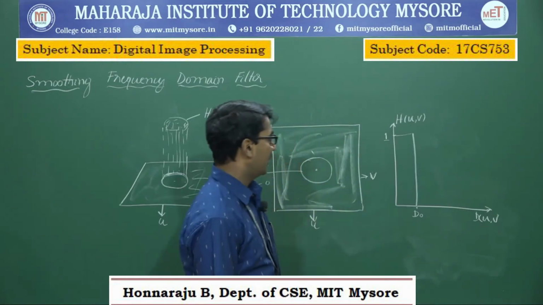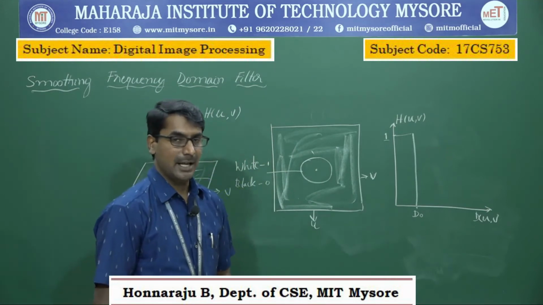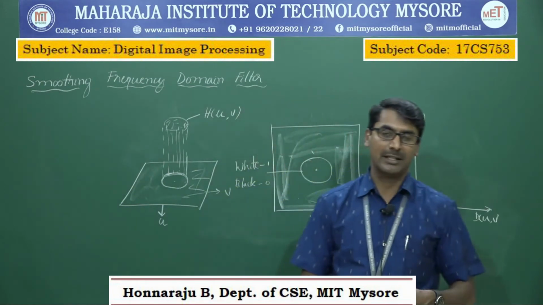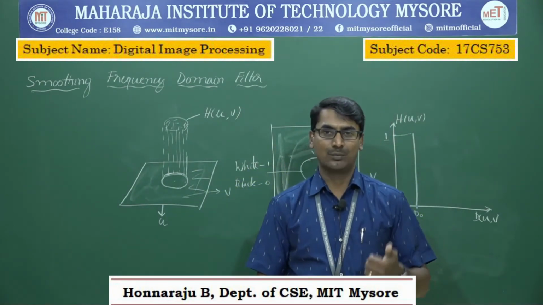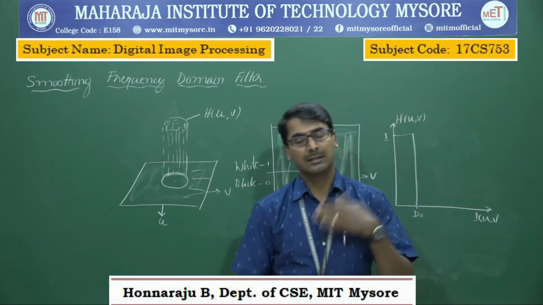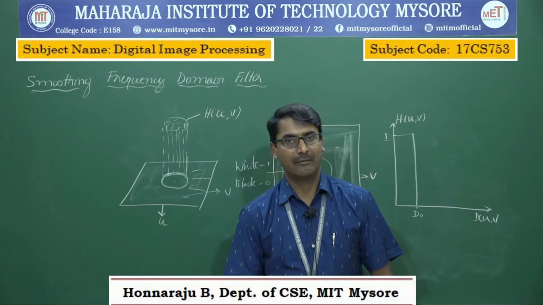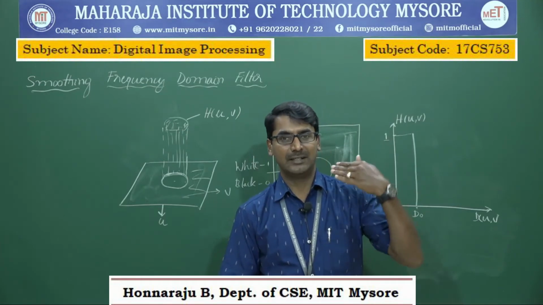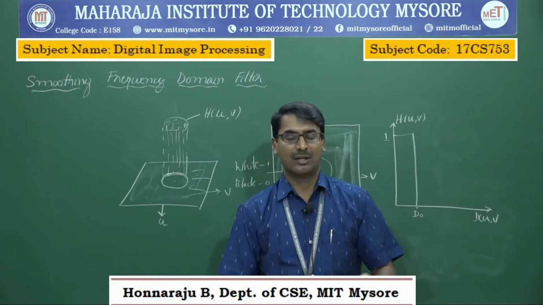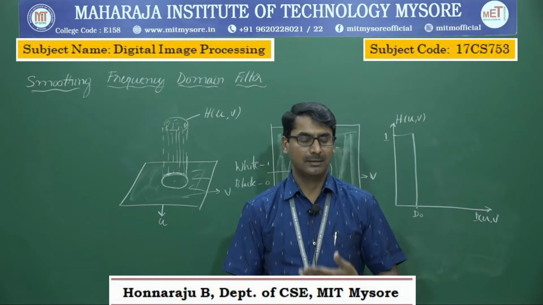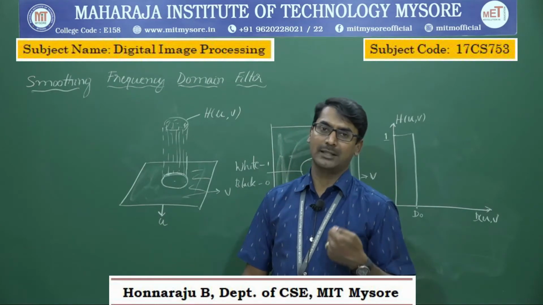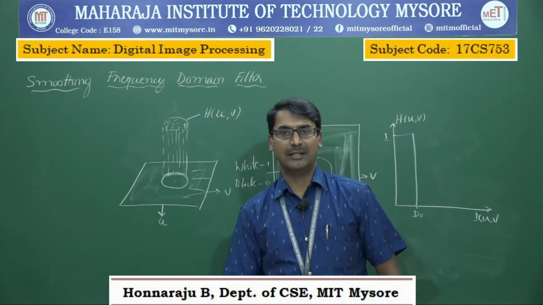If you increase the cutoff frequency value, then the output will be clearer, and there is no ringing effect in the output. So, if the D0 value is low, the output image gets blurred and contains a ringing effect. If the D0 value is high, then there is no ringing effect and no blurring effect.